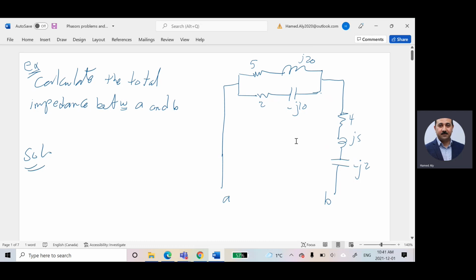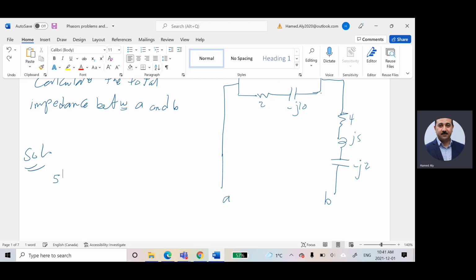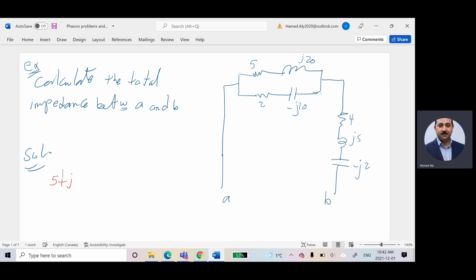So what am I going to do here is 5 plus j20 connected in parallel with 2 minus j10. And the overall of this is connected in series with 4 plus j5 minus j2.